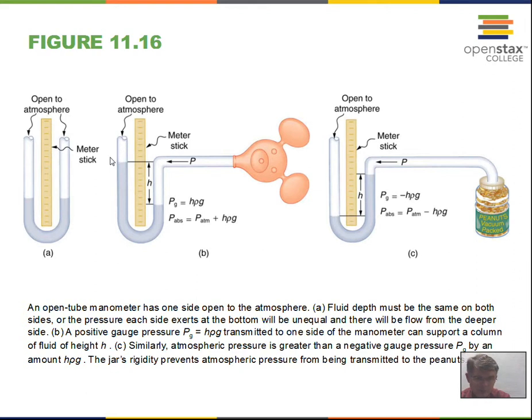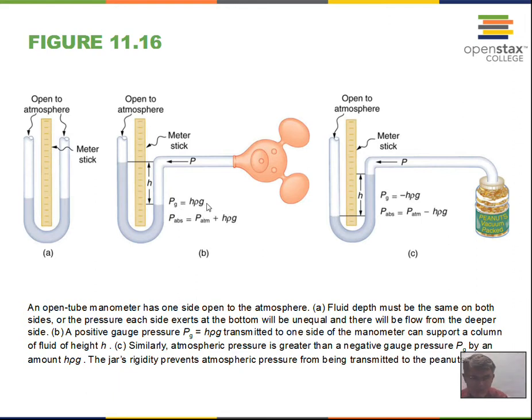The atmospheric pressure is not pressing down on the column as strongly as the pressure from whatever that animal is, that balloon. So the height, h, tells us what this pressure difference is, and we can use the height times the density of this liquid times acceleration due to gravity.